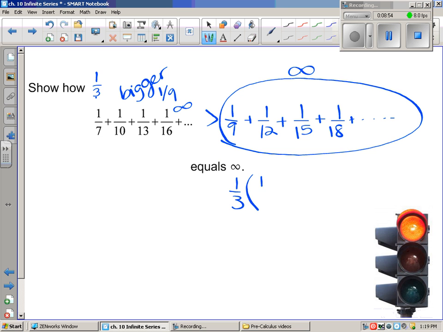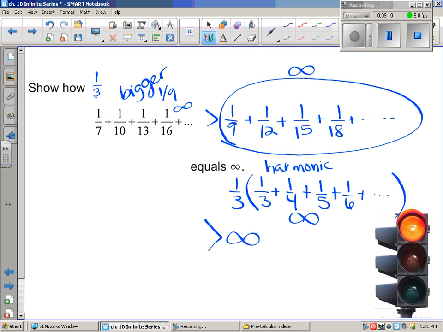So when I do that, I have 1/3, 1/4, 1/5, 1/6. And again, this is the harmonic series. So I know it's equal to infinity. And therefore, if this is equal to infinity and it is smaller than the other side, then 1/7 plus 1/10 plus 1/13 plus and so on has got to also be infinite.